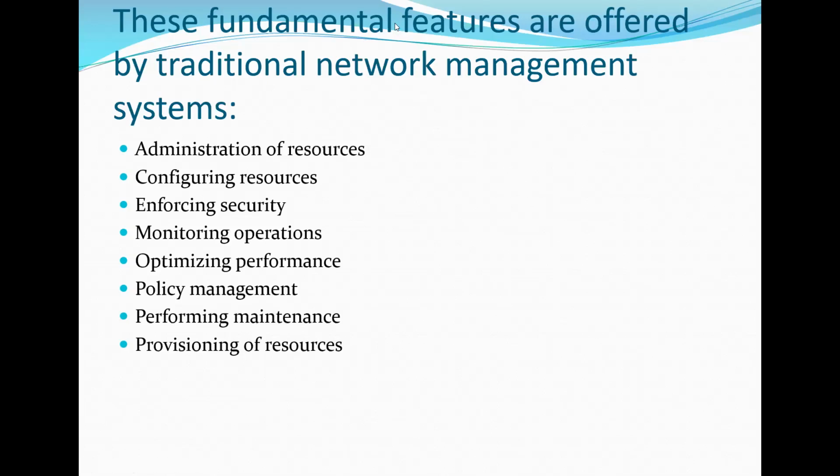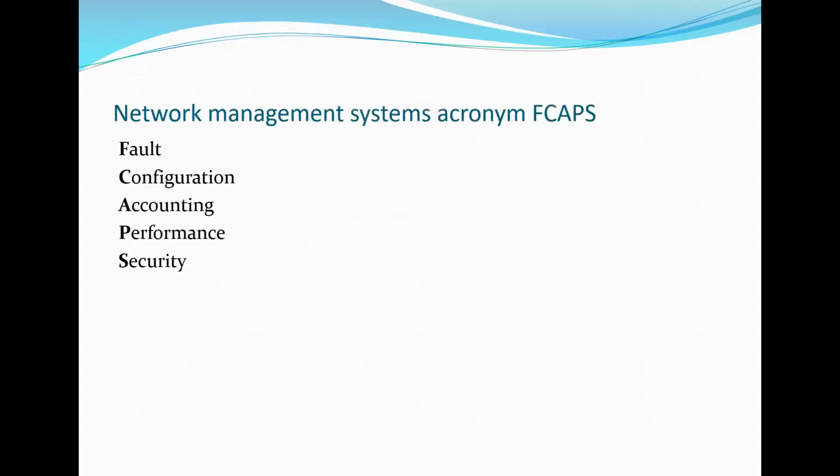So how are we going to do that? The network management acronym, as I told you, is FCAPS: fault, configuration, accounting, performance, security. The first letter of each word has been taken to form FCAPS. Managing the cloud also, as you know, cloud itself is the internet we are talking about, and we are connected with the network.